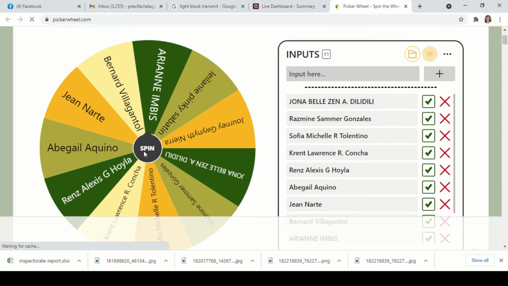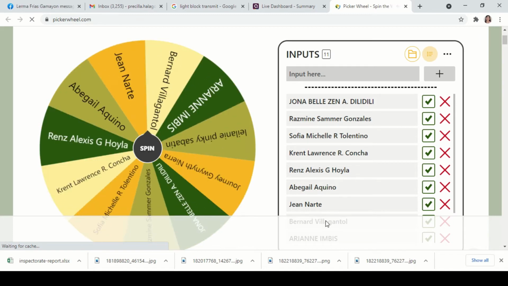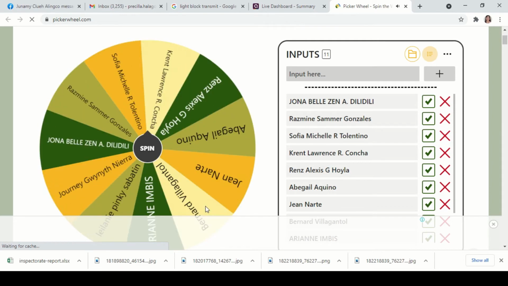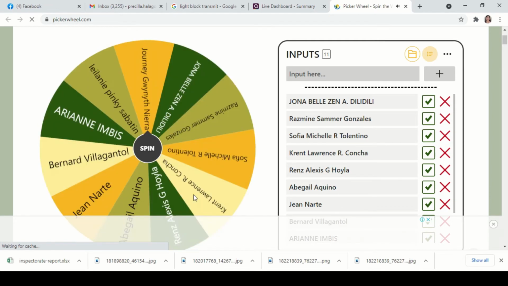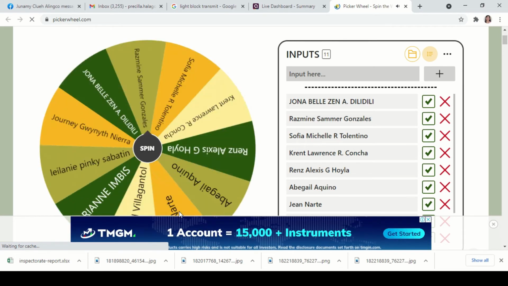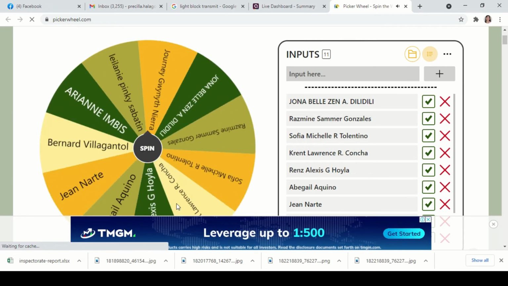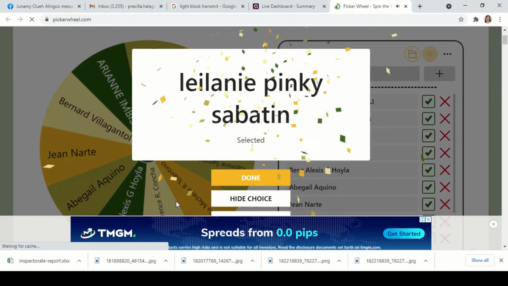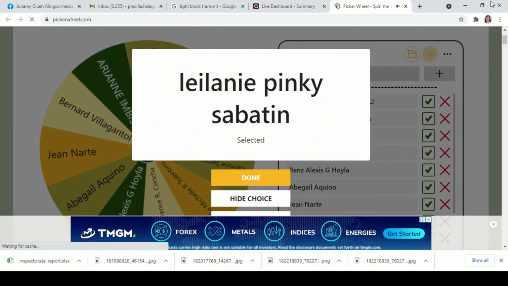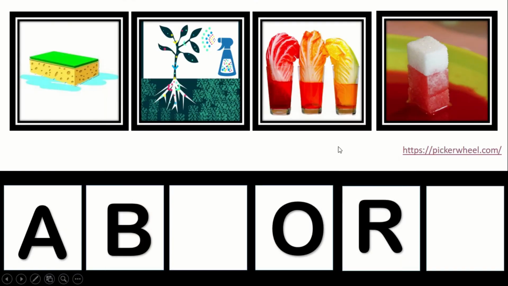Let us spin the wheel. Who will be the lucky person to answer? Lailani Pinky Sabatin, please, Lailani, what is your answer? Correct, Lailani. The answer is absorb.